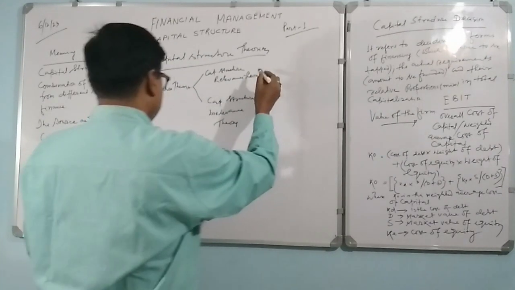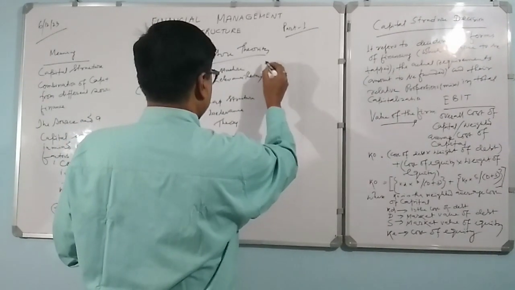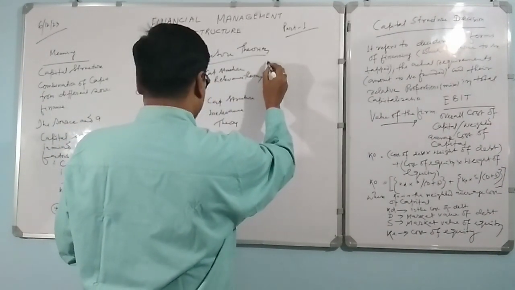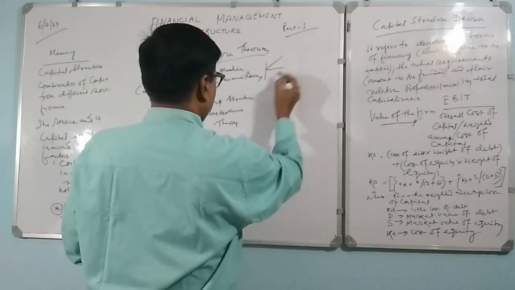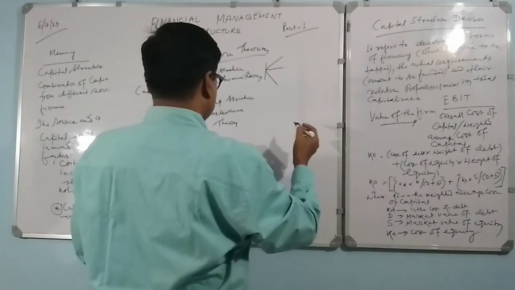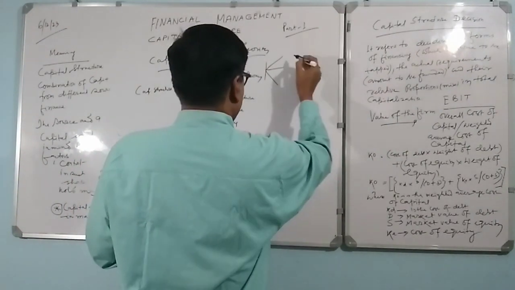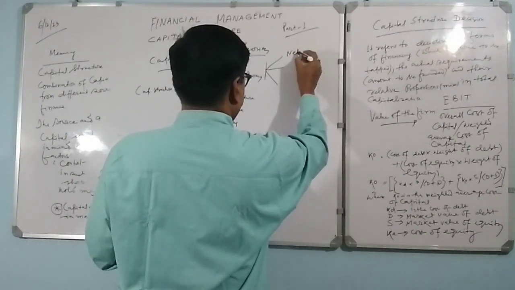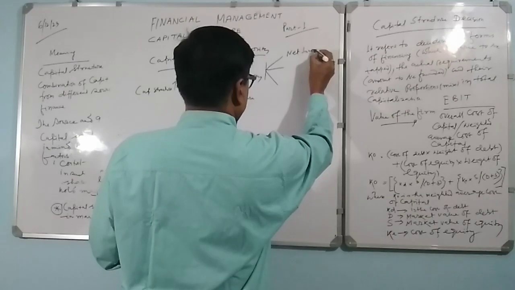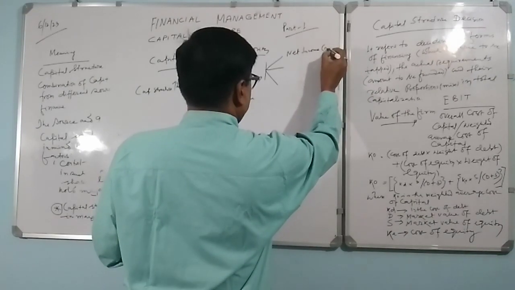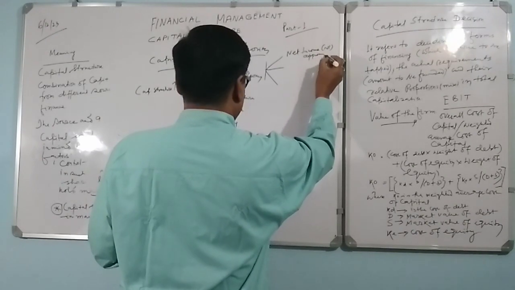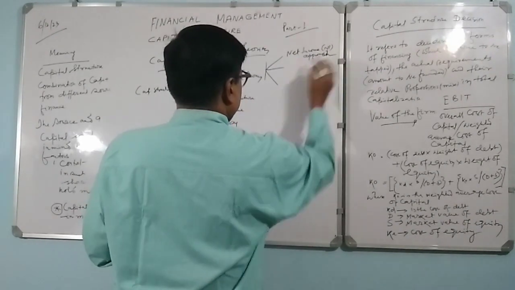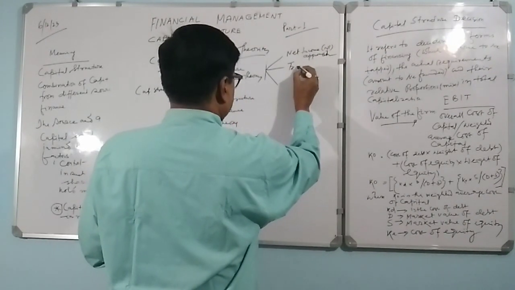See, here again this part goes into three different forms. Number one, your net income approach, NI approach. See, net income approach, traditional approach.